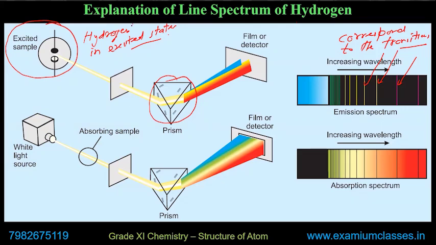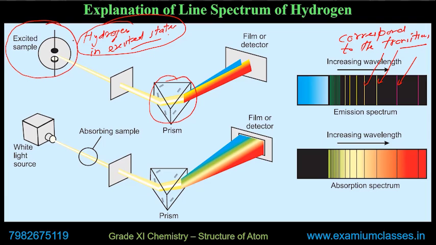When the hydrogen sample is excited, it does not emit all the frequencies, because the electron falls from one specific orbit to another orbit, and that corresponds to only a specific frequency. Only specific frequencies are emitted, because electrons can move from one orbit to another in some defined manner only.